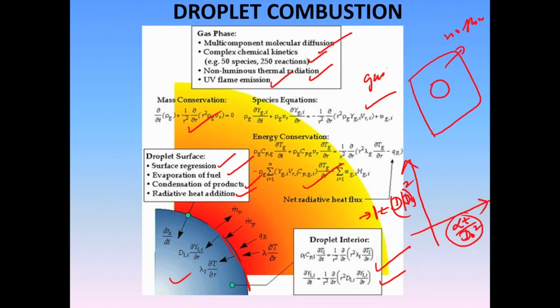Perhaps they took a camera and monitored how this droplet is evaporating. They calculated the droplet diameter at each time instant, squared the diameter, divided it by the initial diameter square, and plotted it.